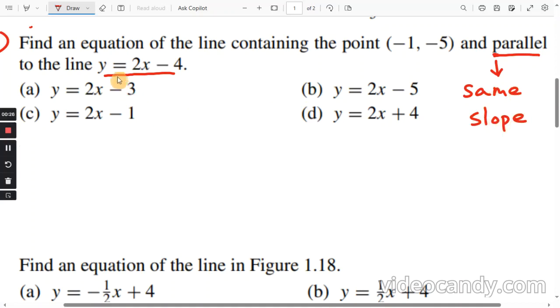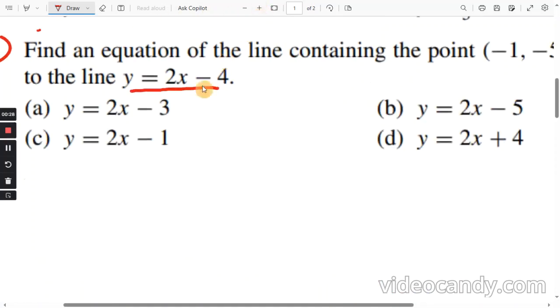If you look at this equation, y equals mx plus b, m is the letter that represents slope. It's the number that's times x. So if you just look right there, the slope is positive 2.